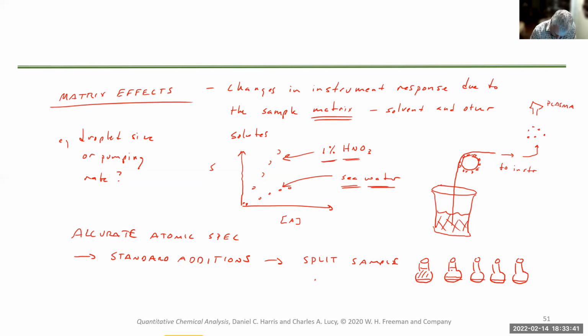Then you dilute it to the mark with nitric, and then you use a little more standard, some matrix, a little more standard, and the rest matrix, so that you have 0, 1, 2, 3, and 4 parts per million of added analyte.